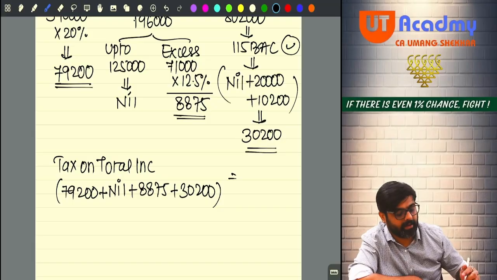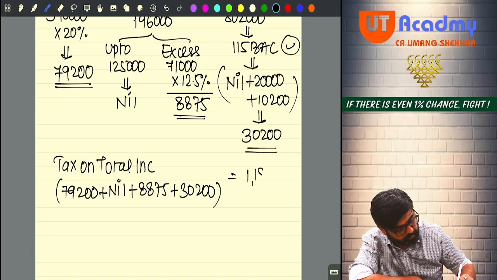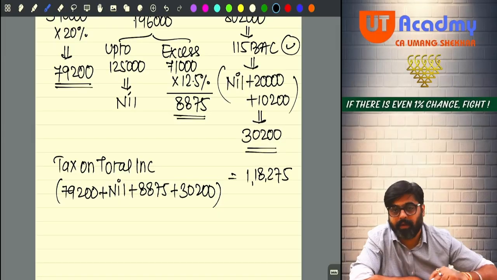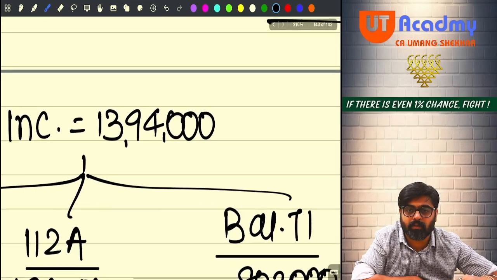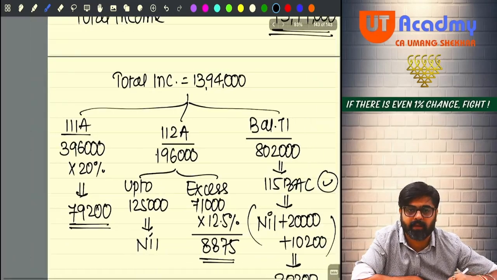I'm getting 1,18,275. Everyone getting this? Wait, tell me, is your total income more than 50 lakhs? No, no surcharge will be added to the tax.